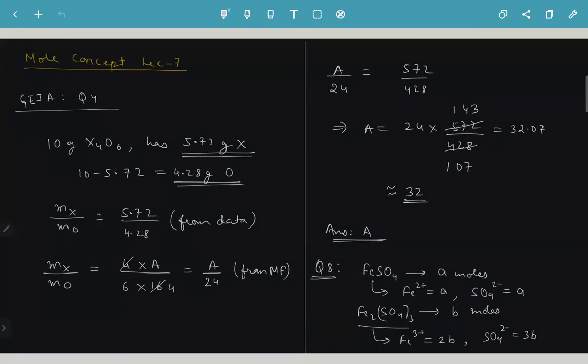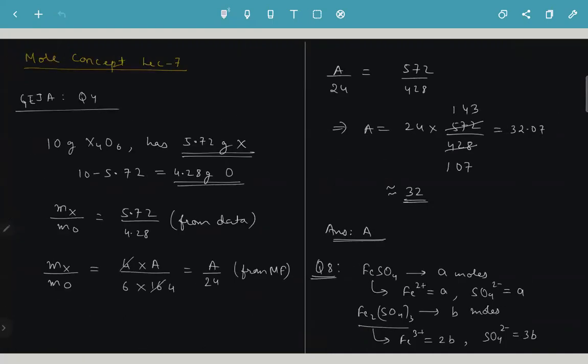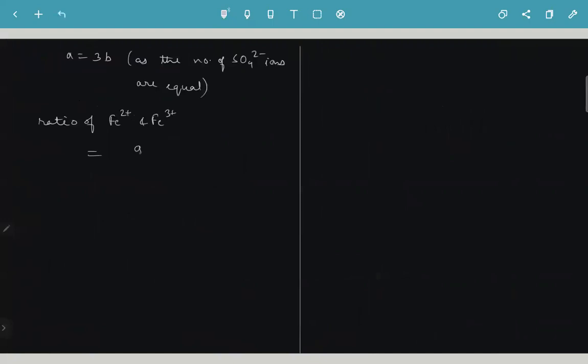Now we'll find out ratio of Fe2+ and Fe3+. This is to be found, ratio of ferrous ions to ferric ions. This will be equal to number of Fe2+ is A, number of Fe3+ is B. A by 2B.